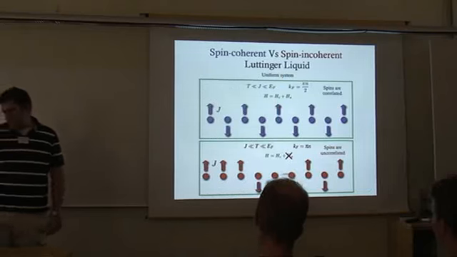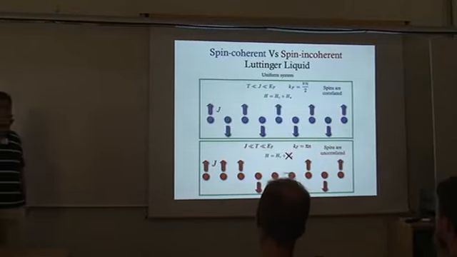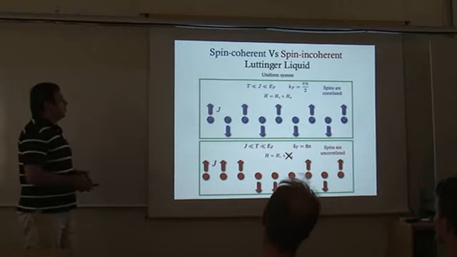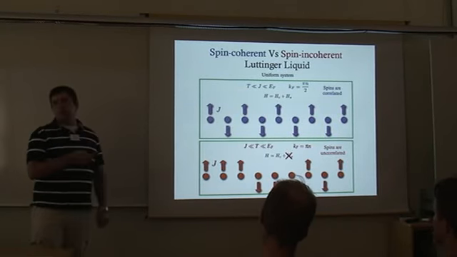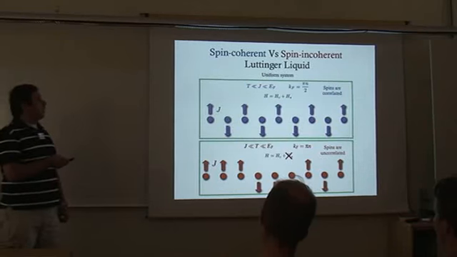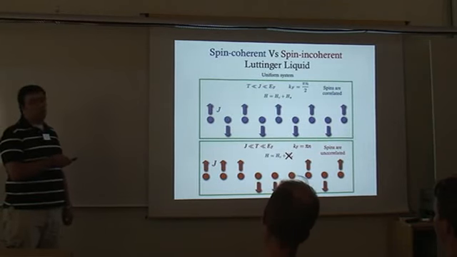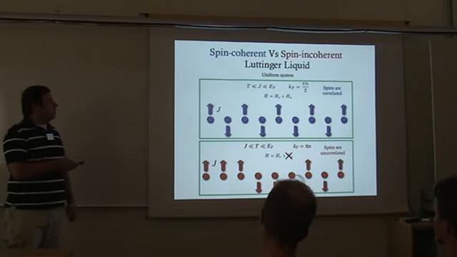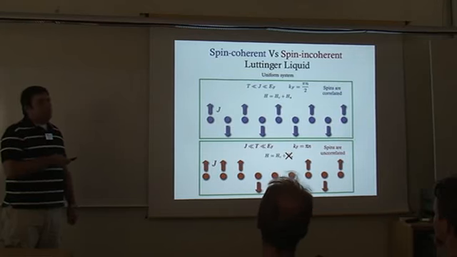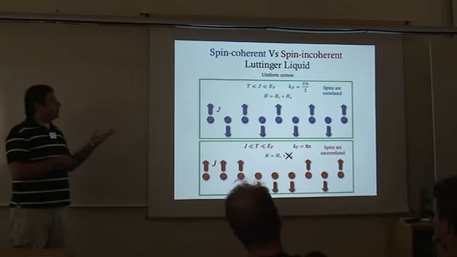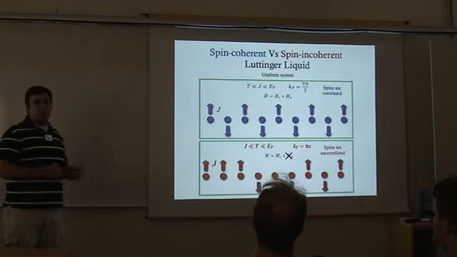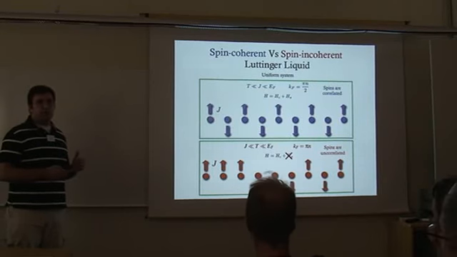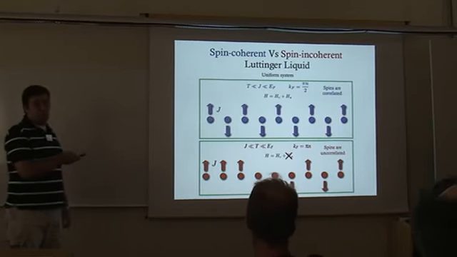So what is the distinction between spin coherent and spin incoherent? Usually one is interested in the regime where the lowest energy scale is the temperature. J is the spin exchange scale, E Fermi is the Fermi level. In this case, it's a standard spin-coherent Luttinger liquid, in a way that spin and charge degrees of freedom are both in principle coherent and can be propagated through the system, if the temperature is in this range.